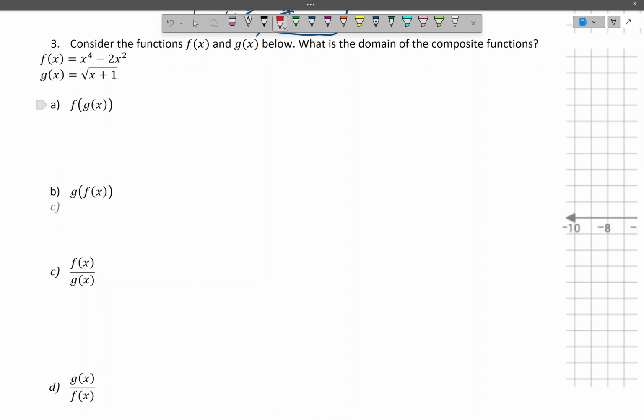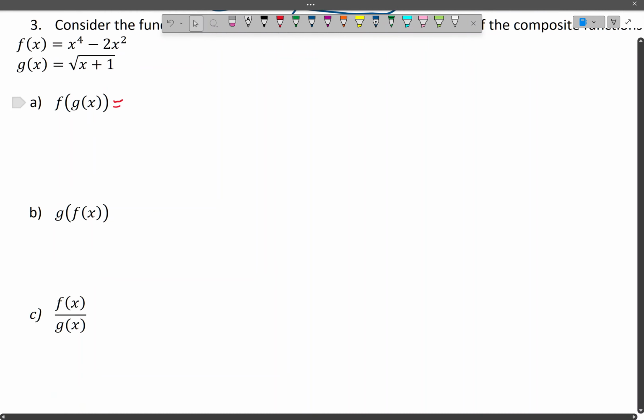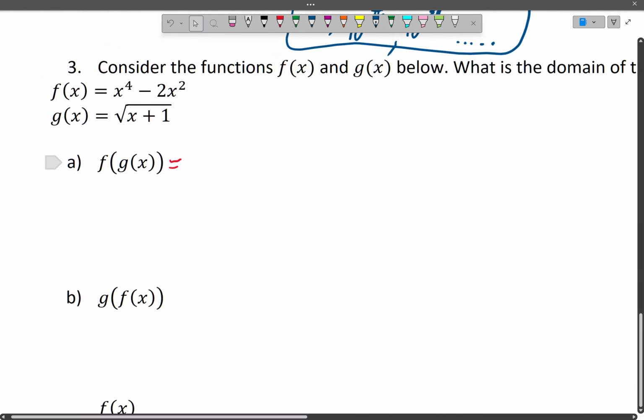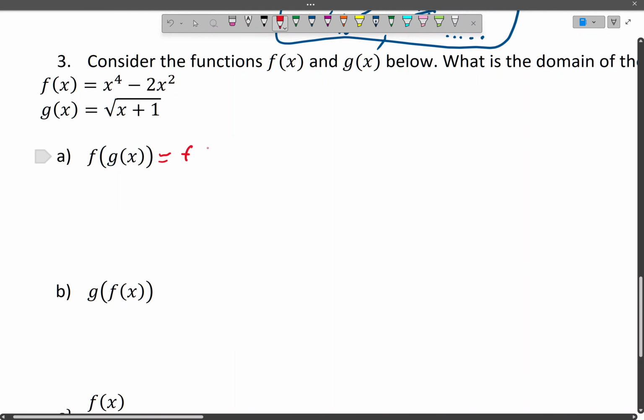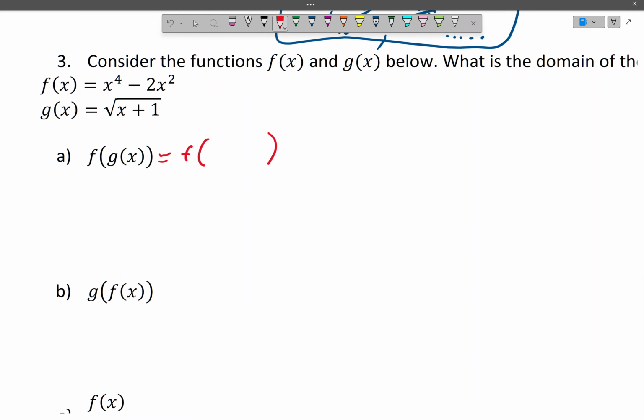All right, we're going to start off with a function within a function question. Here we have f of x, but instead of the x, we've got g of x. So we're going to put in the square root of x plus 1, which means that x must be greater than or equal to -1.